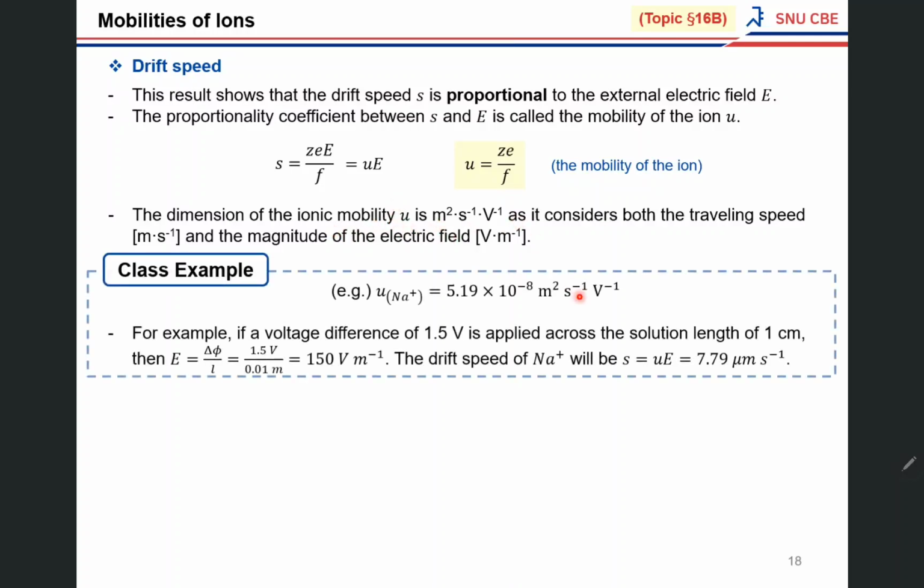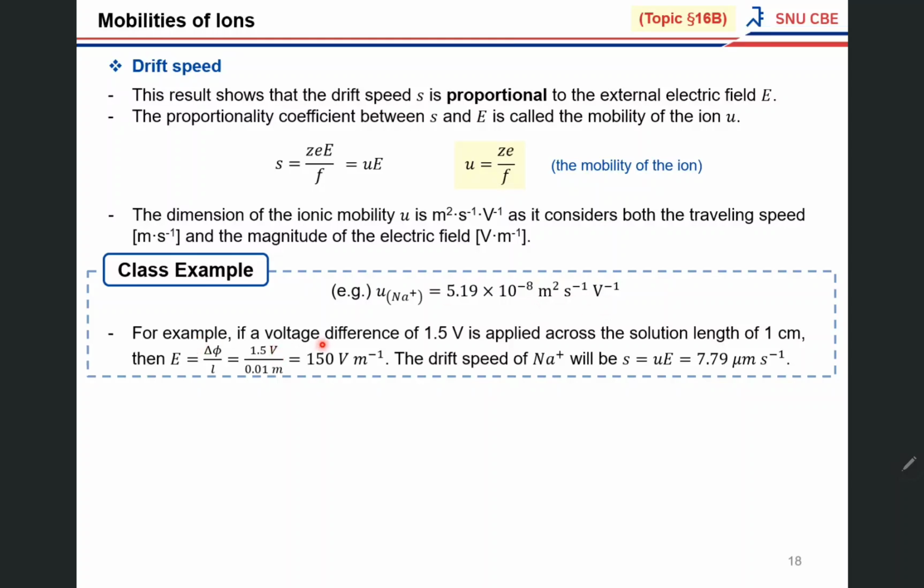So let's see this example. The ionic mobility of the sodium ion in water is given as 5.19 times 10 to the minus 8 square meter per second per volt.